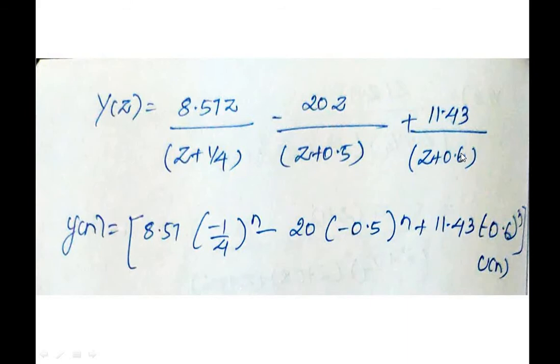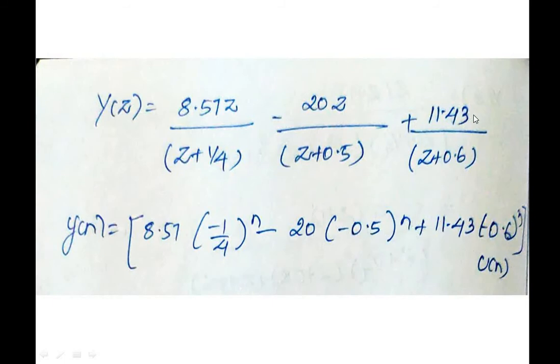We very well know that a^n u of n on z transform will give you z/(z - a). So using that we have z/(z + 1/4), so the first term becomes 8.57 (-1/4)^n. Look at the second term, z/(z + 0.5). So this becomes -20 (-0.5)^n u of n.